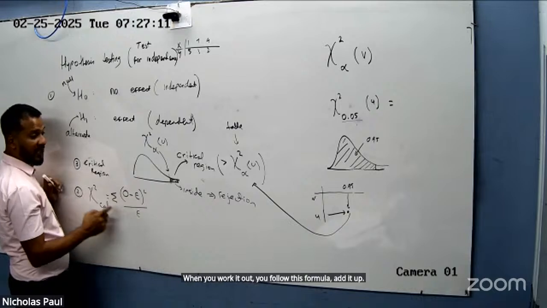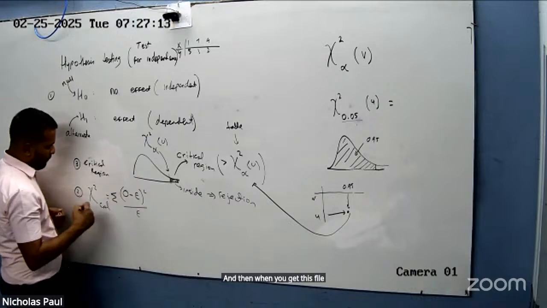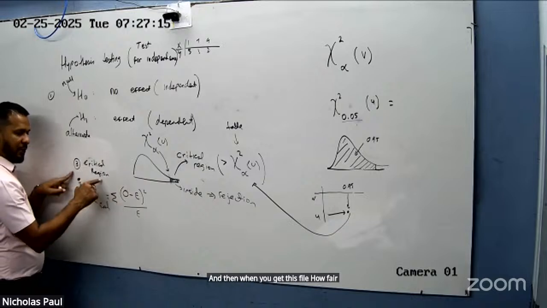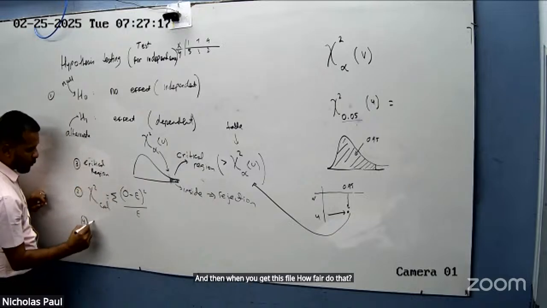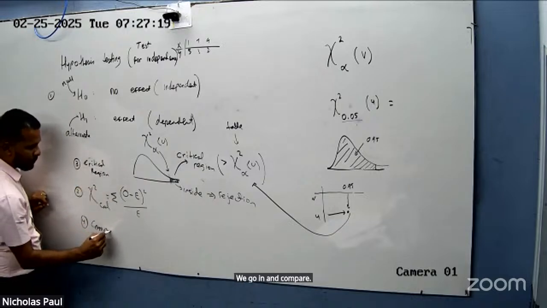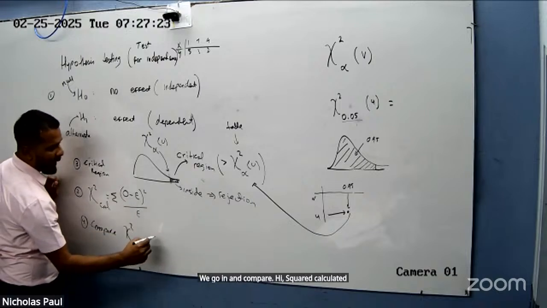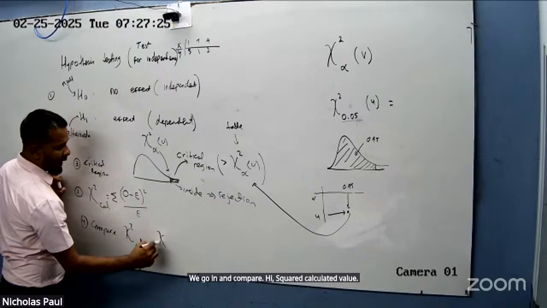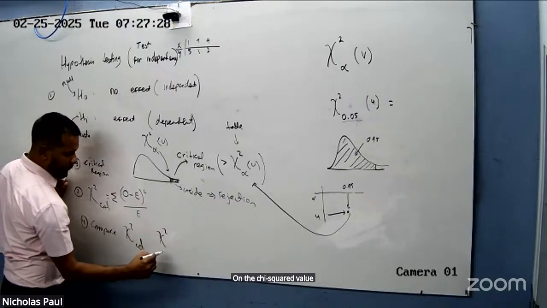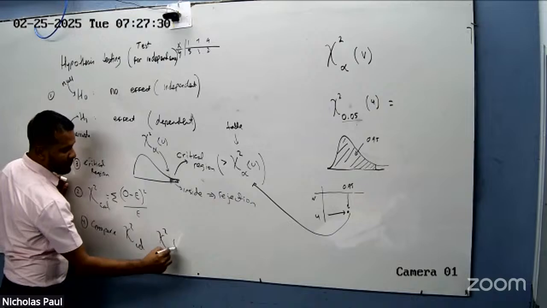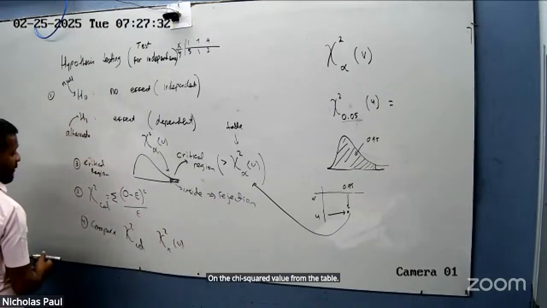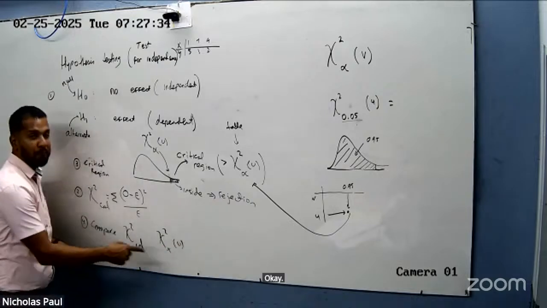And then when you get this value, after you do that, you're going to get the critical region, and we're going to compare the chi-squared calculated value and the chi-squared value from the table. Okay? You're going to compare them.